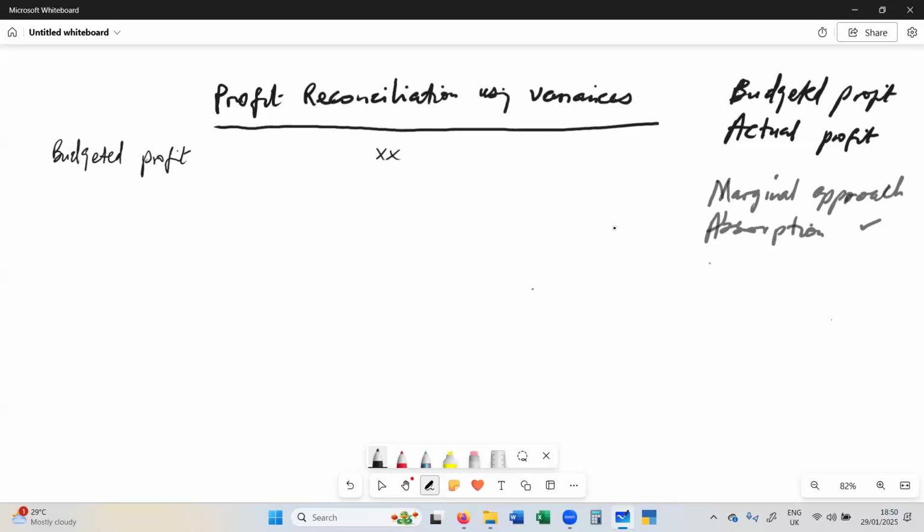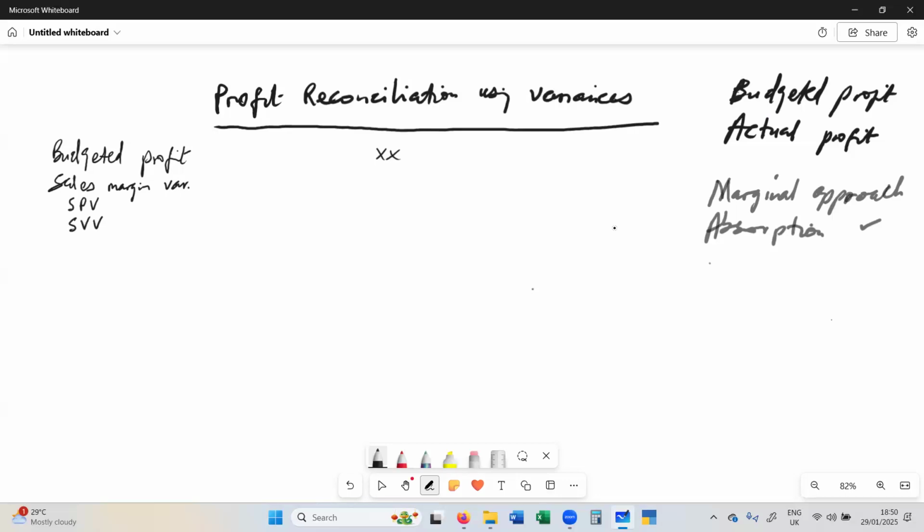Then you add or less the sales margin variance. You see, but sometimes the sales margin variance can further be analyzed into sales price variance and sales volume variance.